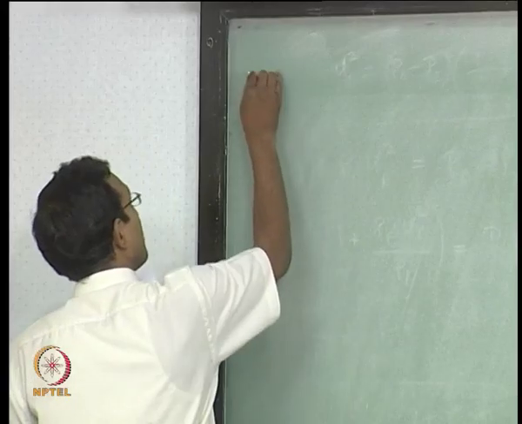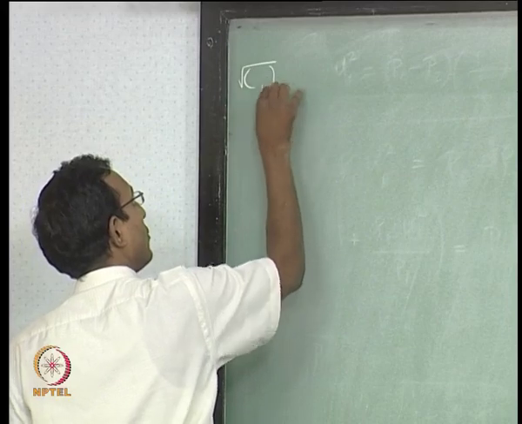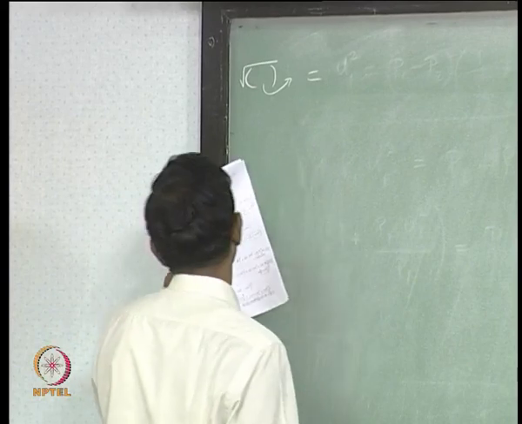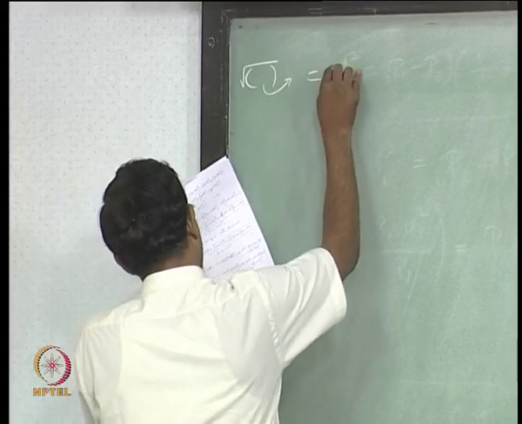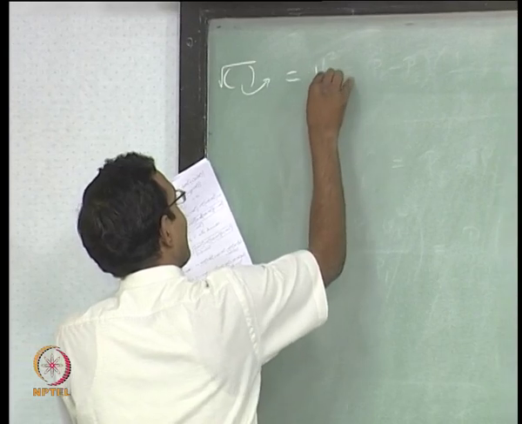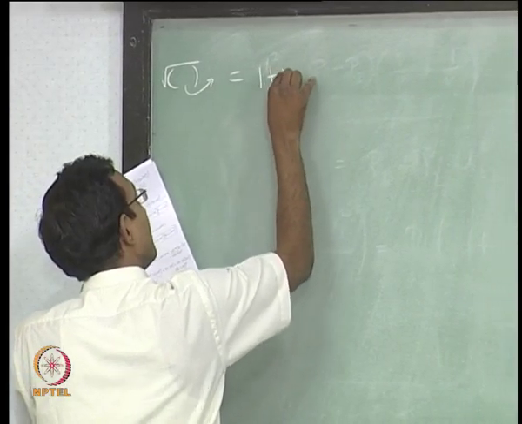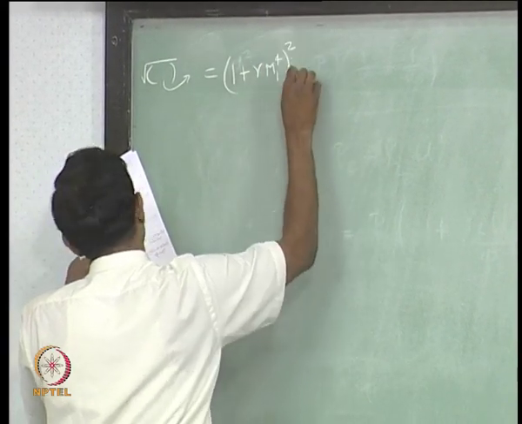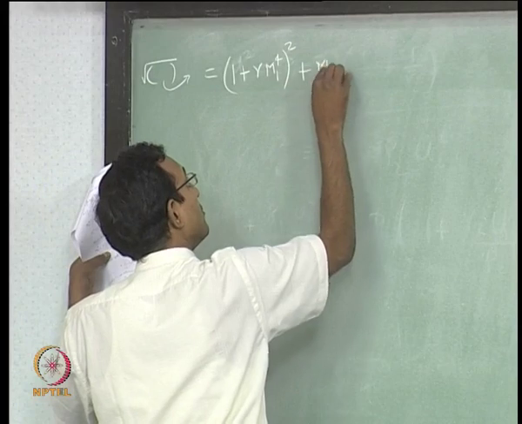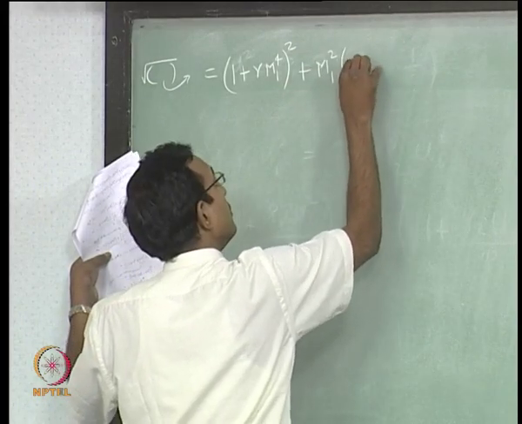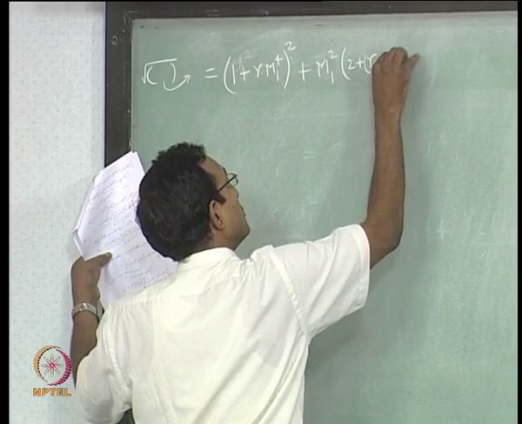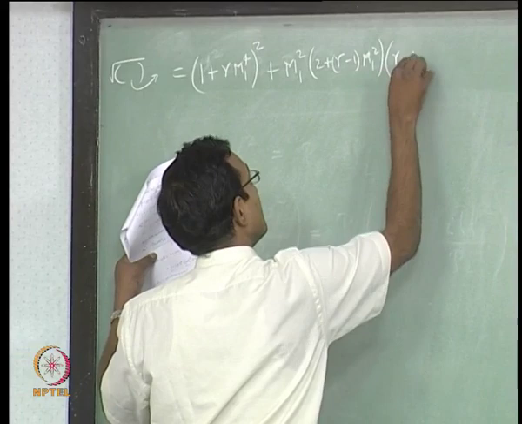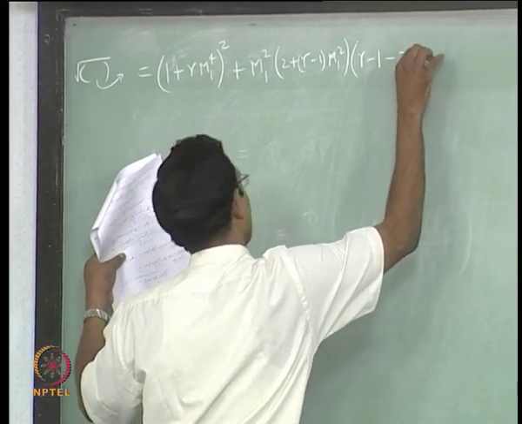So, the term inside the square root, whatever is inside only I am writing, okay, it is going to look, basically I will write the first full term inside, square plus m 1 square times 2 plus gamma minus 1 m 1 square multiplied by gamma minus 1 minus 2 gamma m 1 square.